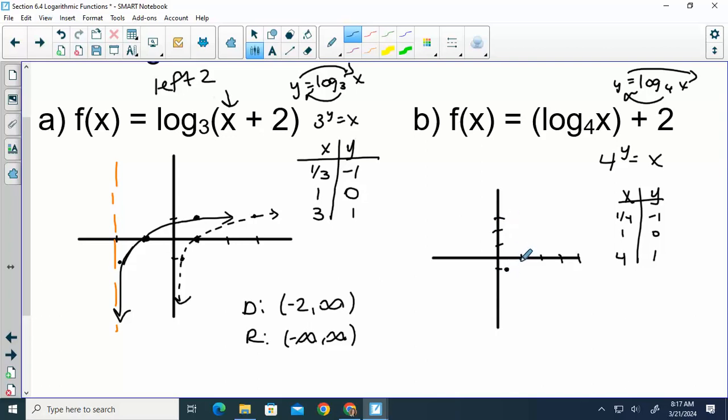Negative 1, 1/4, 0, 1, 4, 1. Parent function, so dash. What is our transformation this time? 2. Will my asymptote move? No. If you move left or right, it's going to move your asymptote. Up and down will not. So.